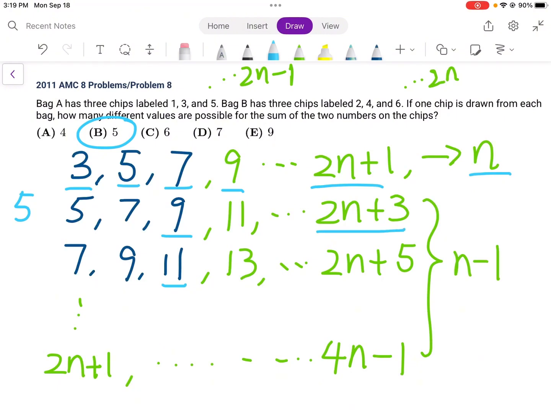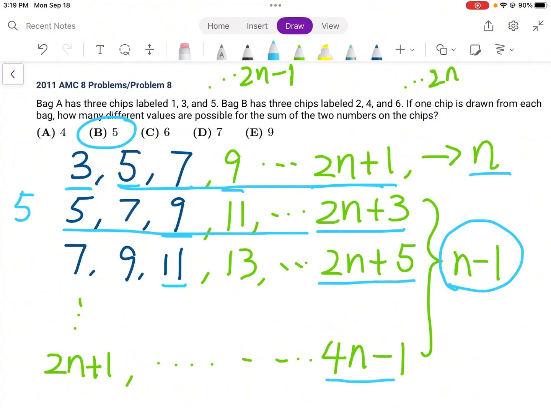The previous n subtract 1 numbers in this row will be a repeat from the second number to the last number of the previous row. So this also applies to all the other rows underneath. So we will have n subtract 1 different values from the second row to the last row. They are all the last numbers in each row.